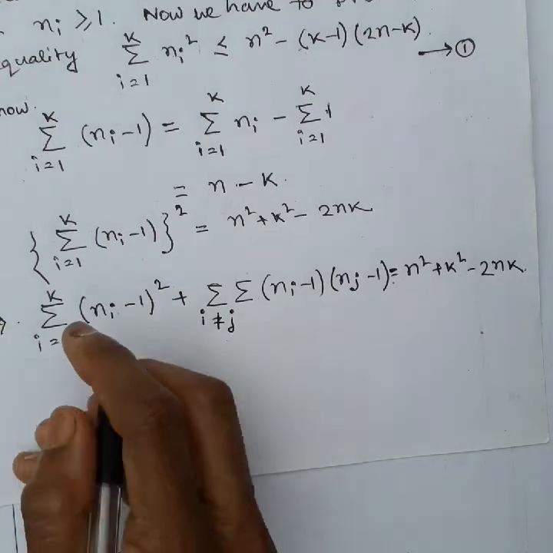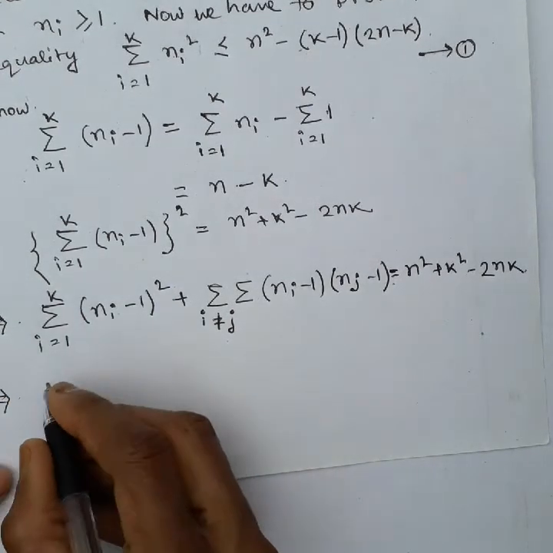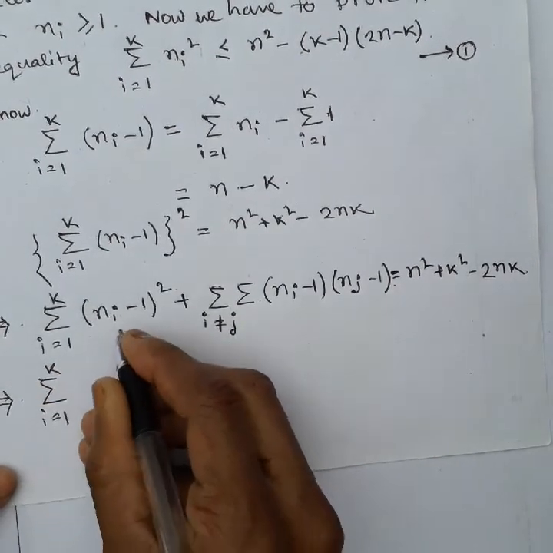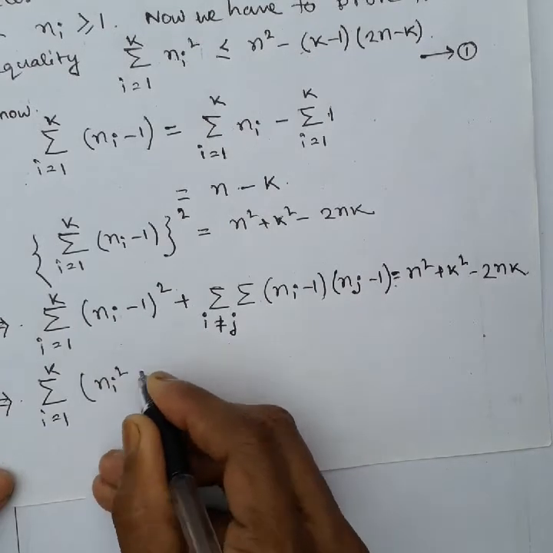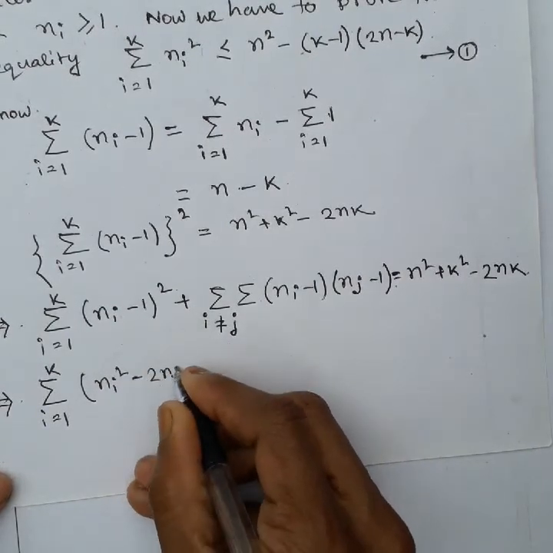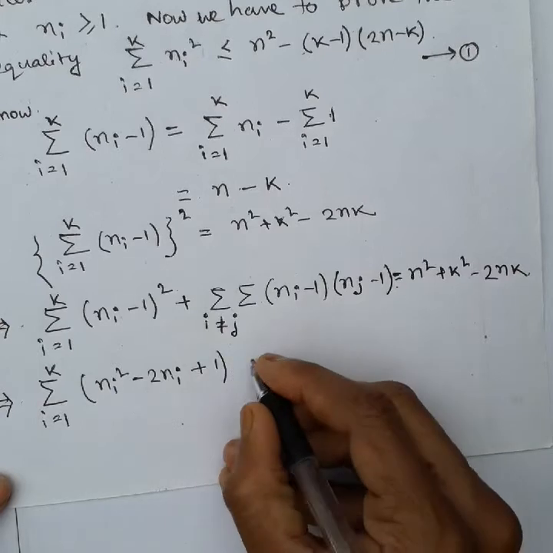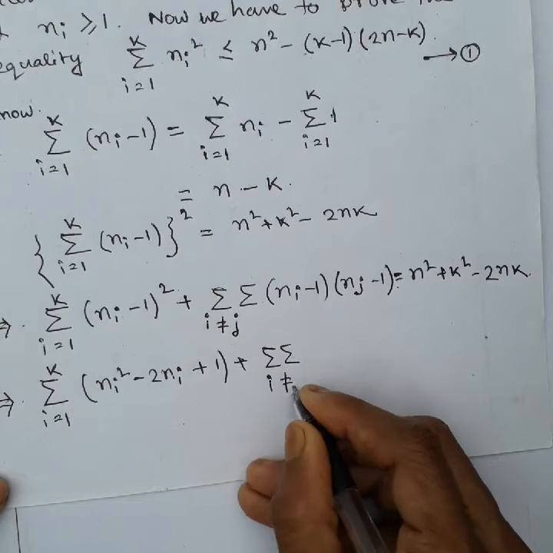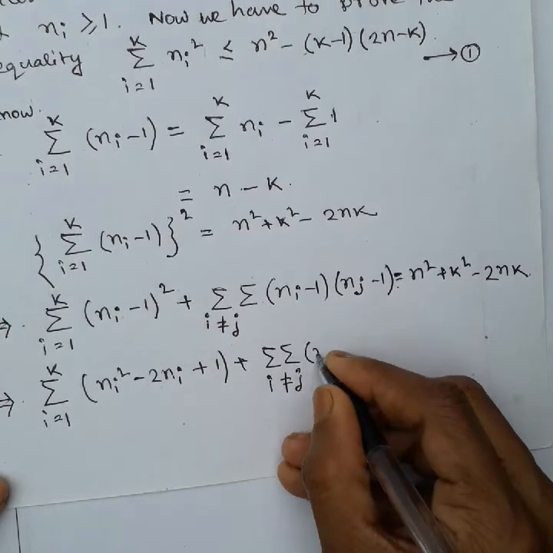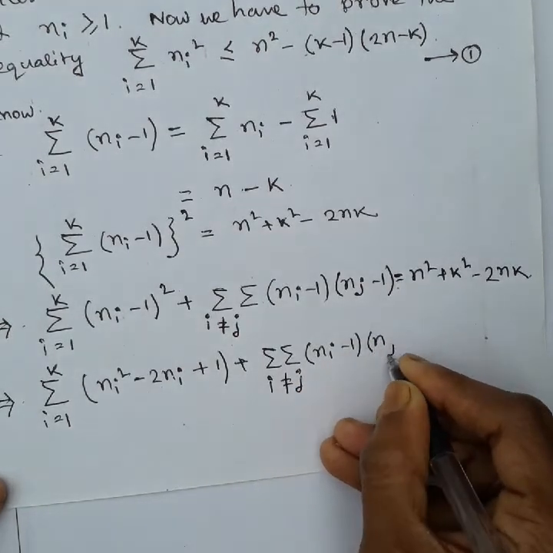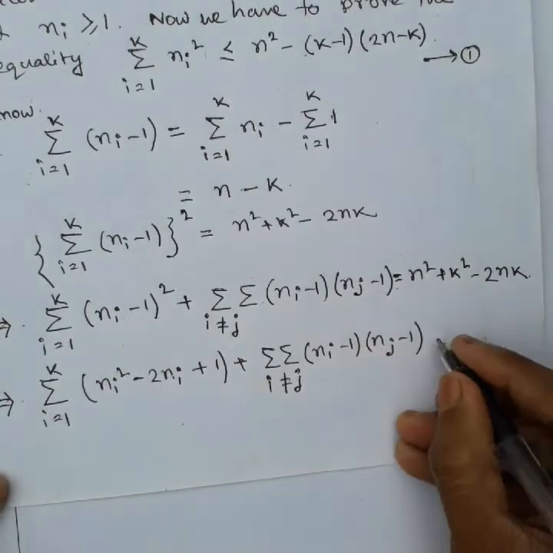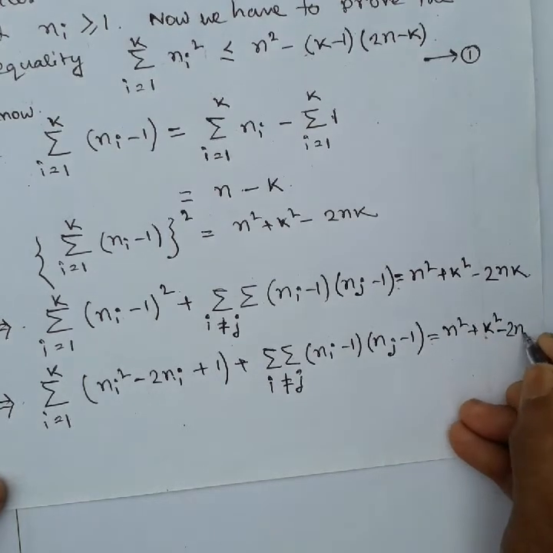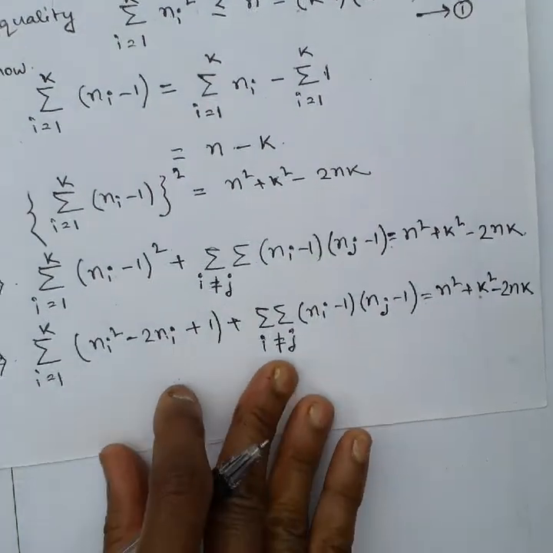So from here we can write summation of i equals 1 to k of (ni square minus 2ni plus 1) plus the double summation of i not equal to j of (ni minus 1) into (nj minus 1) equals n square plus k square minus 2nk.